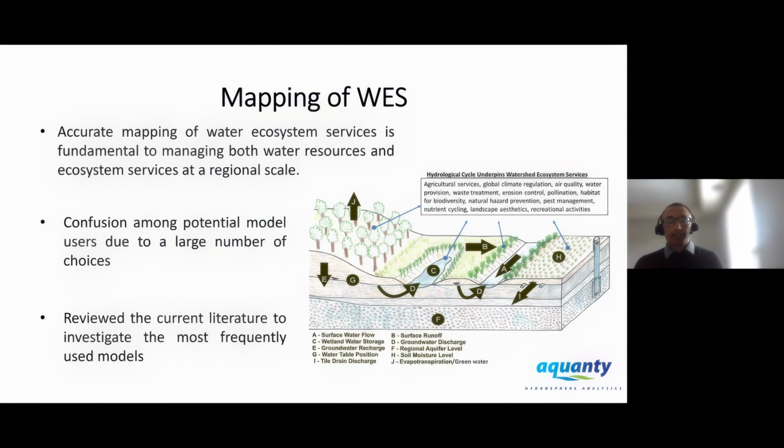And if you look at the literature, there are so many modeling tools which are being used for mapping of these fluxes. To see what the most commonly used tools are, we reviewed the literature. You may be thinking that these are tools like MIKE SHE, eFlow, and so on.